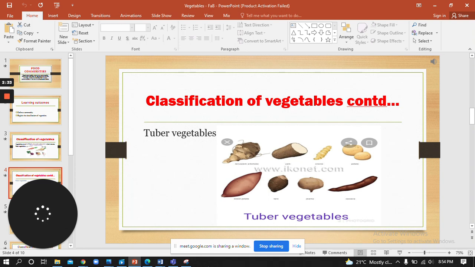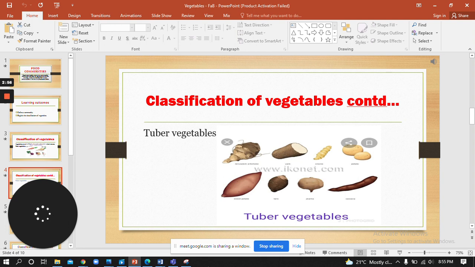The examples of the tuber vegetables include potatoes, sweet potatoes, yam, and cassava. But there are also others that we may not be very familiar with because they may not grow in Africa or in Kenya particularly. For example, the Jerusalem artichoke, the jicama, the taro, and others.